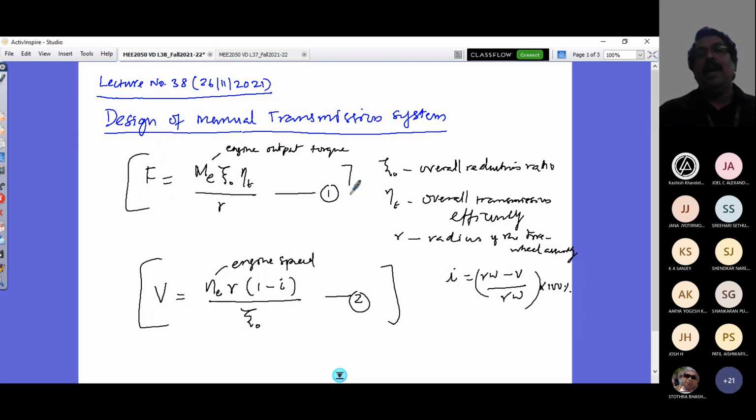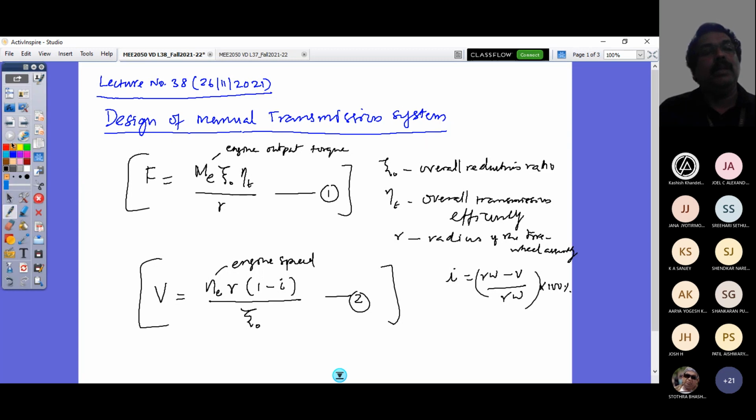I should have maximum tractive force for the lowest gear selection. I should have maximum vehicle speed for the higher speed gear in my gearbox, right? So those are the two formulas that you should always remember as far as the transmission is concerned for the vehicle.